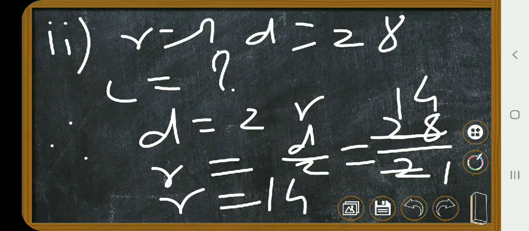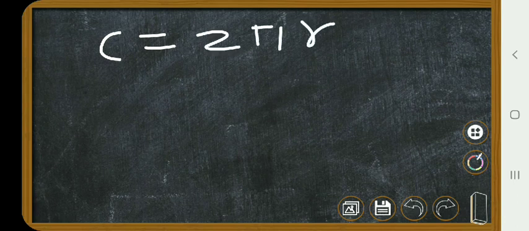Okay, radius is half of the diameter, and the diameter is 2 times the radius. Circumference, formula for circumference is 2 pi r.